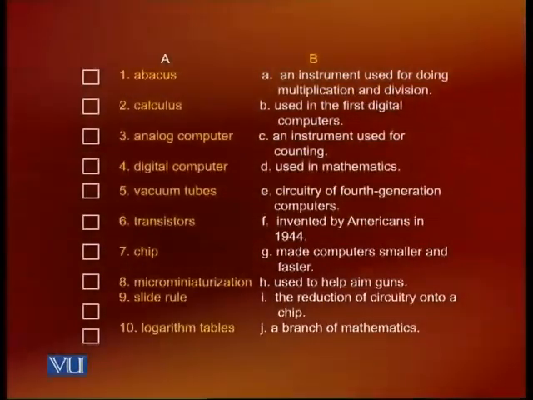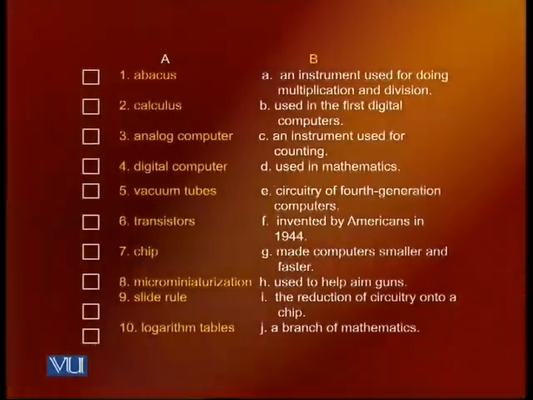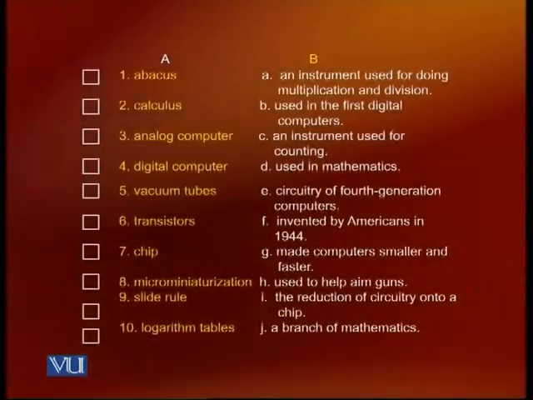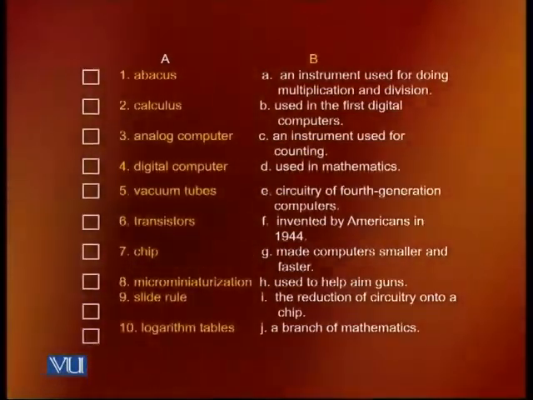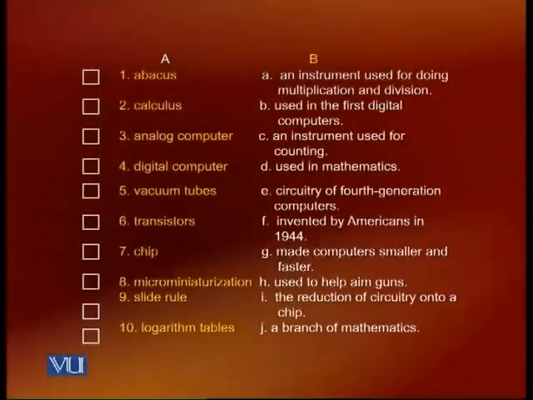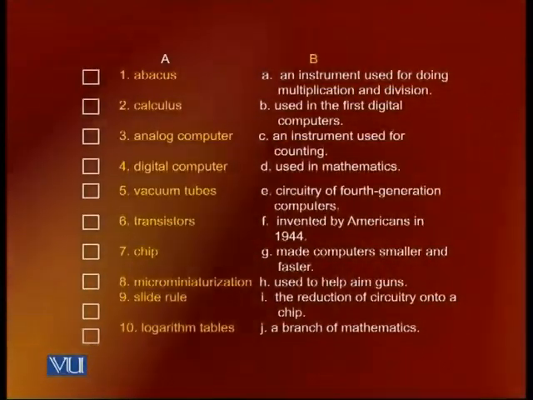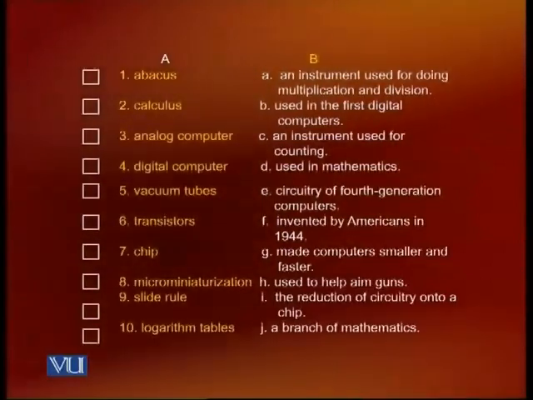It's statement B. Number 5 matches statement B. Vacuum tubes were used in the first digital computers. Number 6, transistors. If you go through column B, you will find transistors.